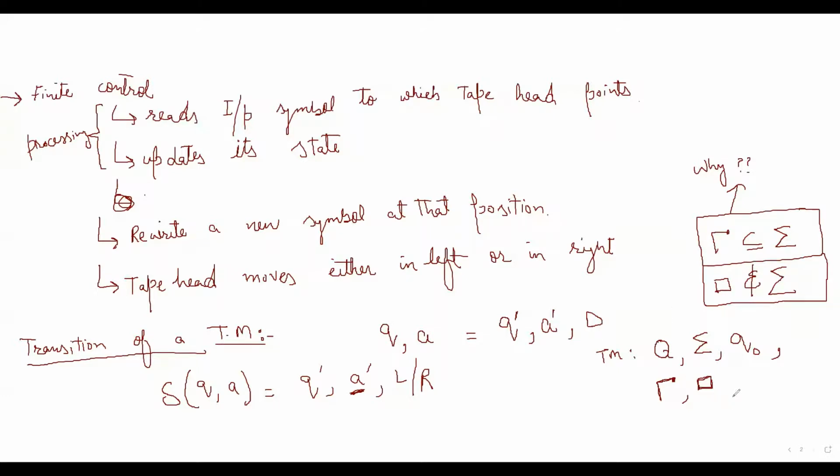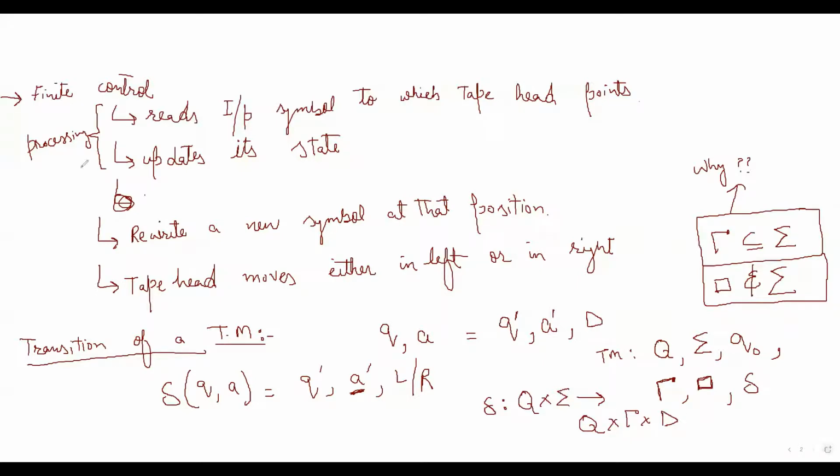Okay. And also we have a transition function. And the transition function in the case of a Turing machine is from a set of states and input to a set of states, new symbols to be written, and direction. Direction can be left or right.